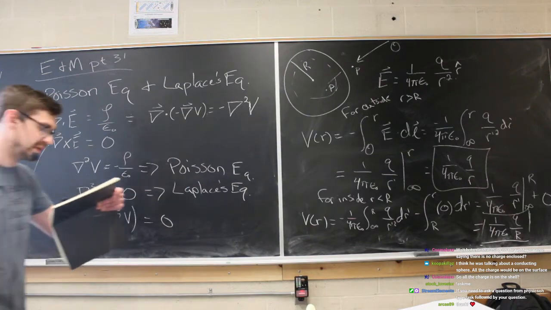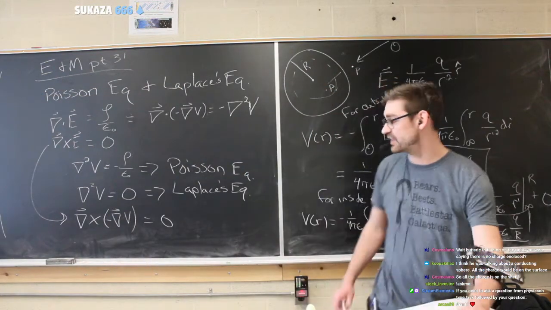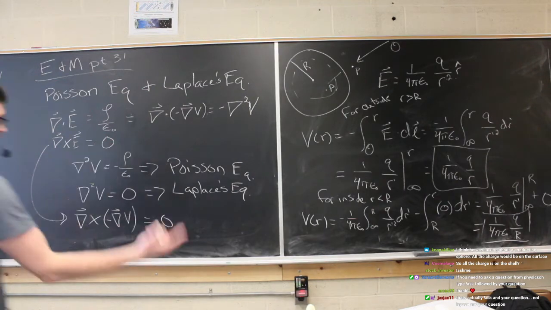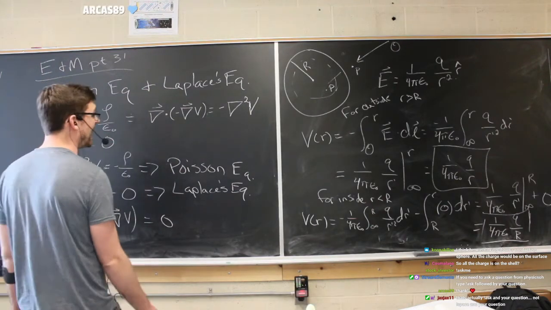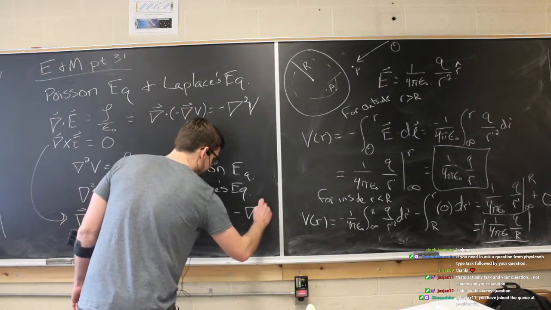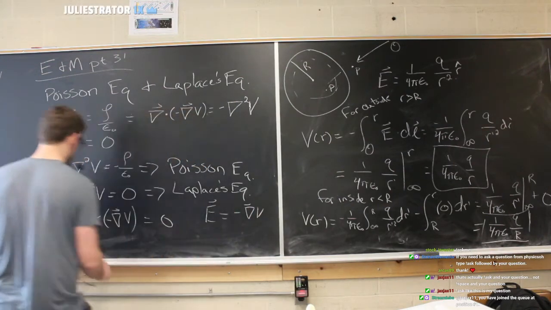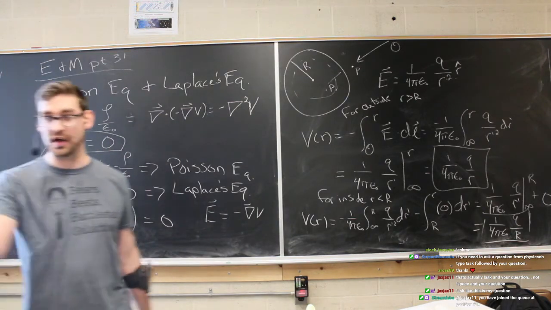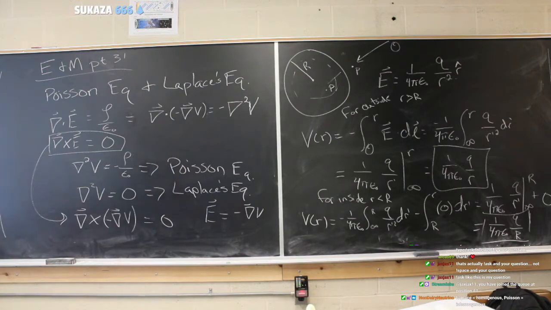But that's kind of to be expected, right? Because it's a little bit of circular reasoning: we defined our E as the negative divergence of V, specifically using this as the basis for finding out that the line integral does not change. Okay.